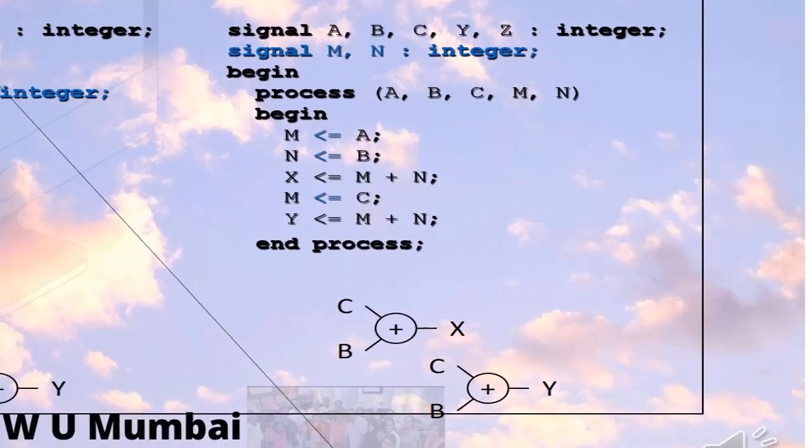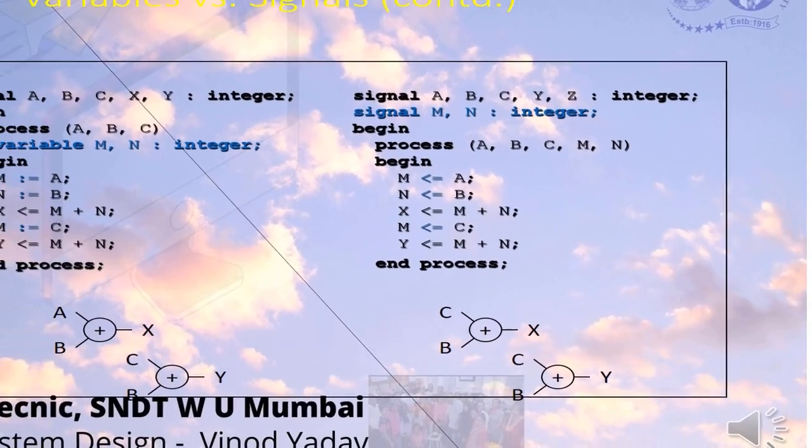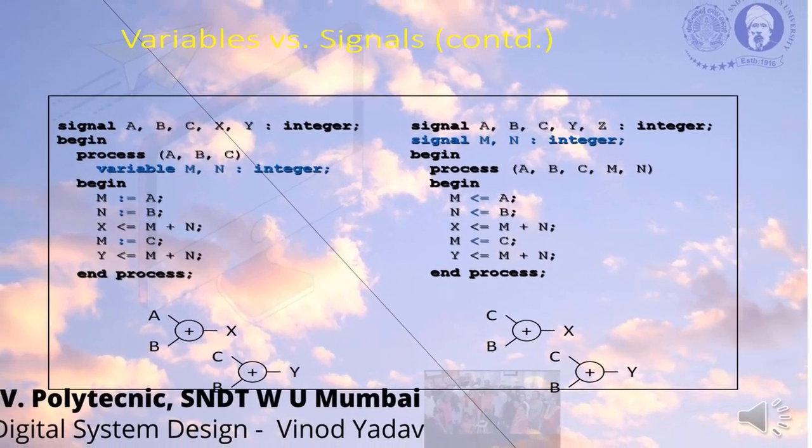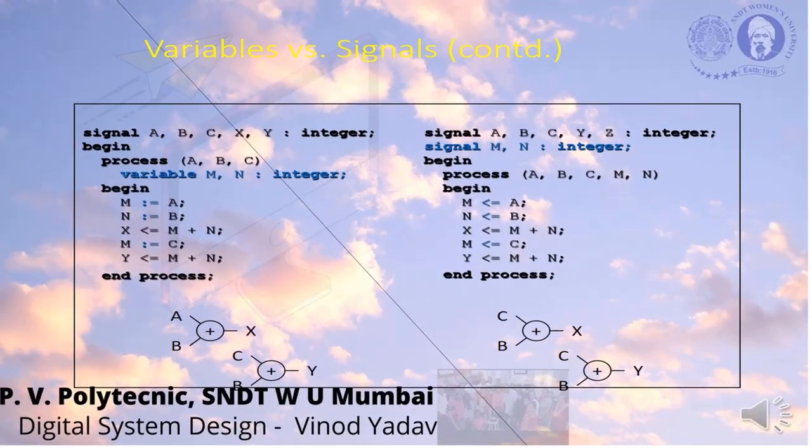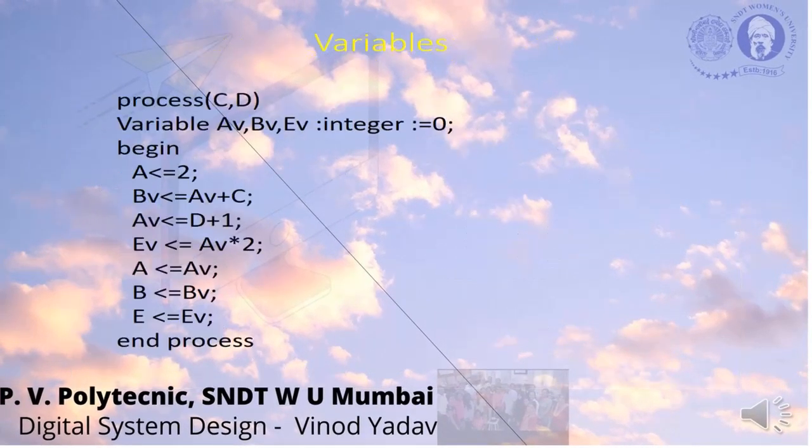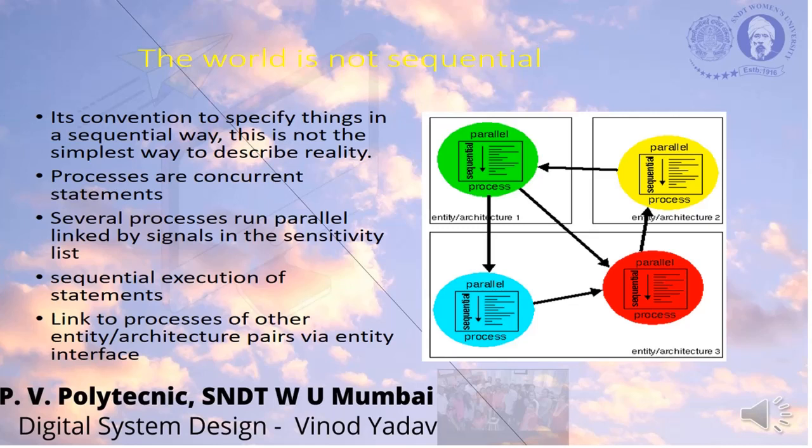So this is what you have to remember: we have to be careful whenever we want to use variables. It is the convention to specify things in a sequential way, and then we have to use the process instructions. Processes are concurrent statements, though inside a process things will be executed sequentially.